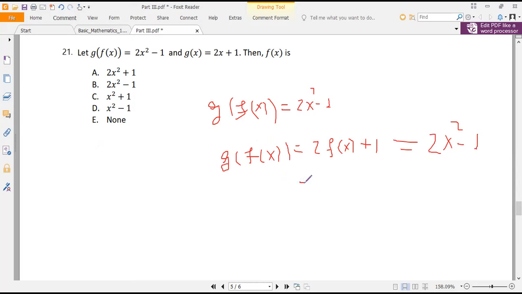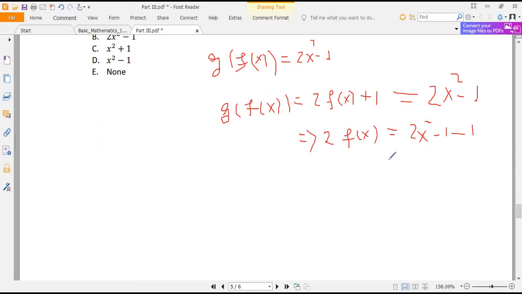So 2 times f of x is equal to 2x squared minus 1 minus 1, which is 2x squared minus 2.